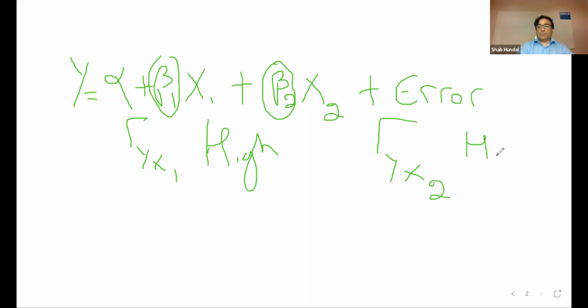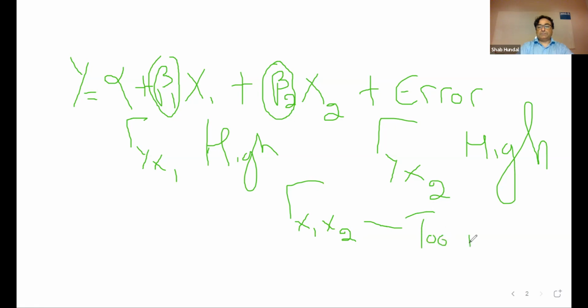But there's one problem. In certain cases, the correlation between x1 and x2, the two independent variables, gets so high that they are so obsessed with each other that they are not fully able to show their impact on the dependent variable.